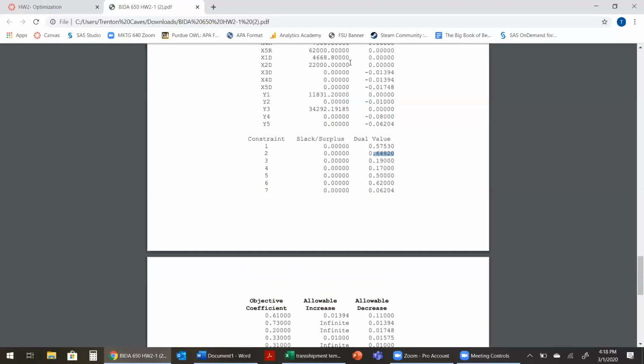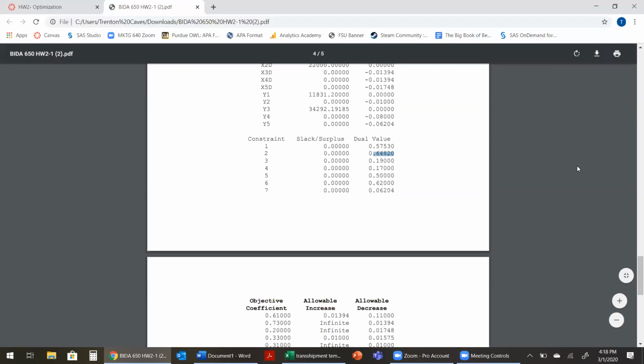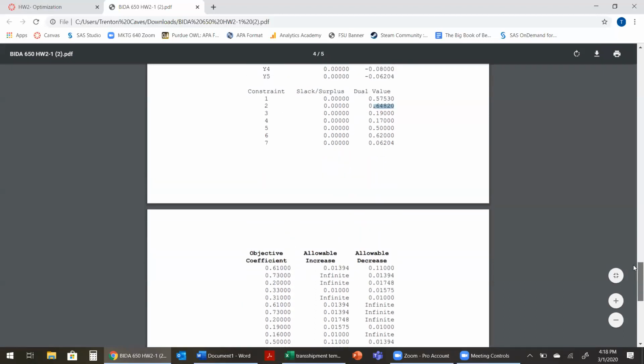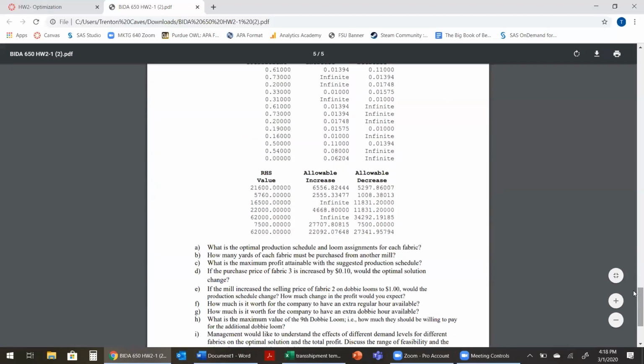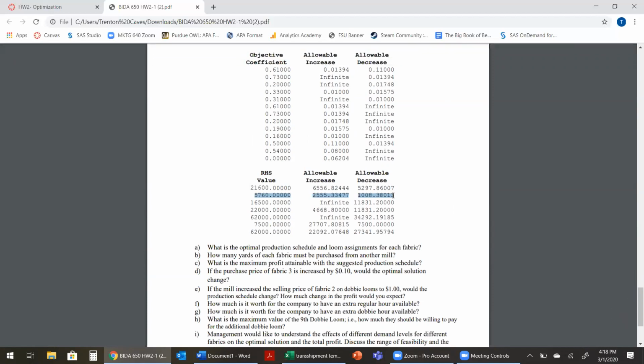So that's one of the more in-depth calculations. Does everybody see how we came to that number? See the different steps that we took to get there. So we first have to see how much that constraint can change without changing our optimal solution.